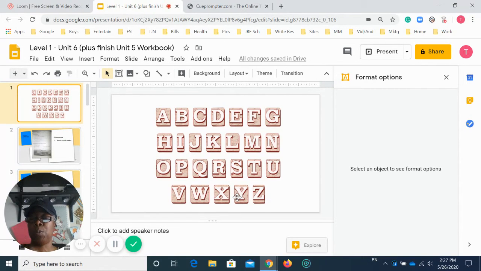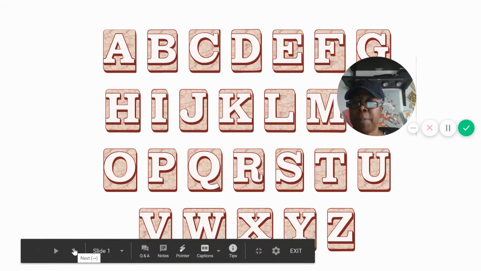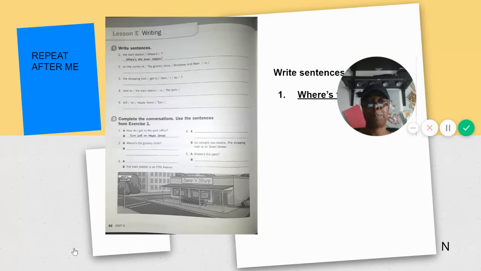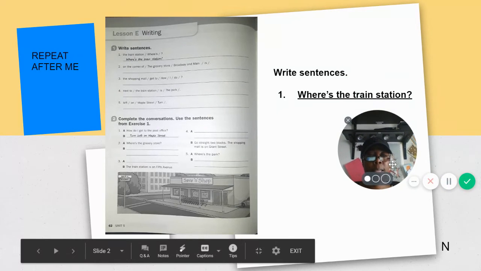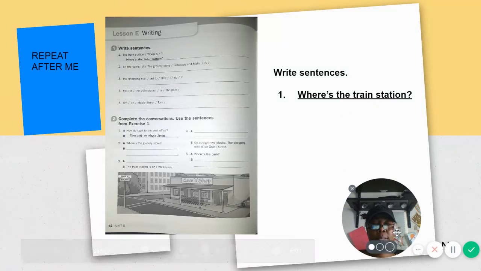We are going to start on page 62 in our workbook. Page 62 in our workbook. Let's move over to the next slide. And let me move myself down here a little bit. Okay.